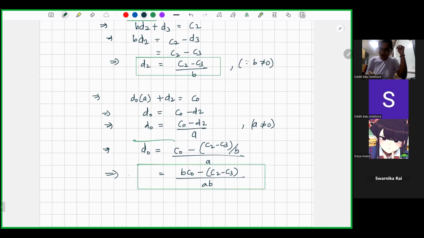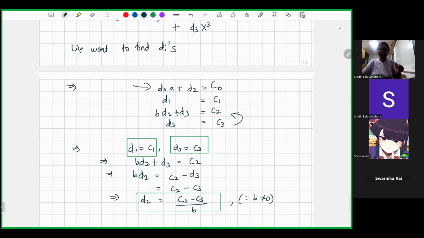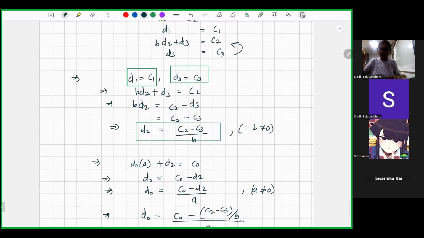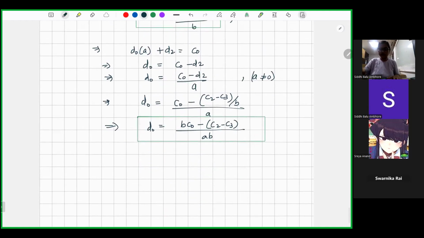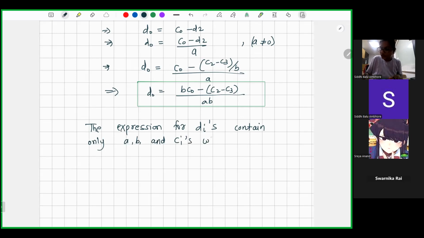And now this gives me that any element, and note that the expressions for the DIs contain only a, b, and CIs, which are fixed.